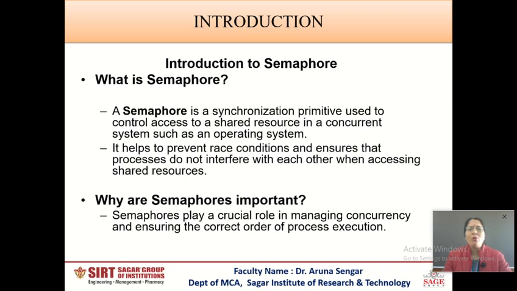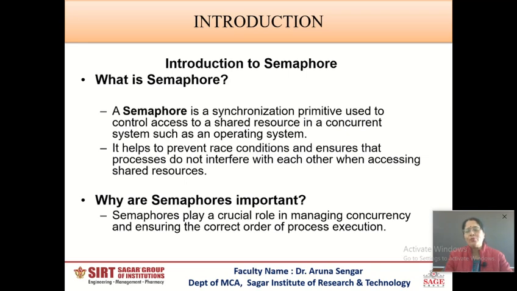So semaphore is a synchronization primitive used to control access to shared resources in a concurrent system such as an operating system. Means when multiple processes are running, they share some resources. So semaphore is a technique to synchronize all the processes so that shared resources can be used properly.